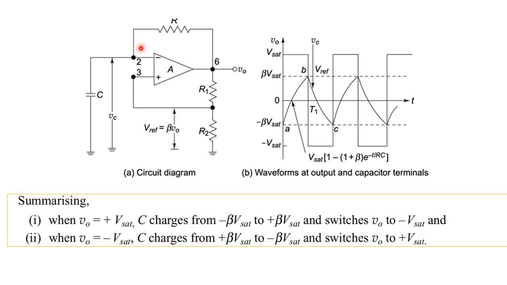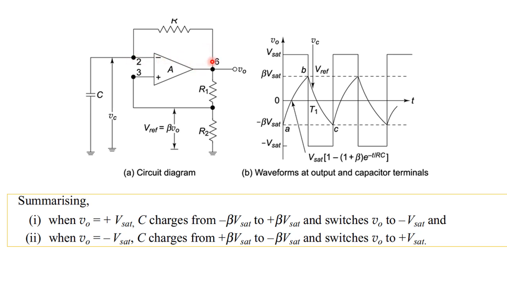Now this voltage is positive, so the capacitor will try to charge to this positive voltage. The capacitor is charging from minus beta VSAT continuously towards plus beta VSAT. It will try to charge till VSAT. Once the capacitor voltage becomes greater than beta VSAT, the second pin voltage will be greater than the third pin voltage.